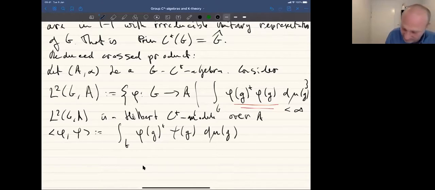And you can play your usual Cauchy-Schwarz games with slightly more subtlety to show that if this integral converges, then these cross-term type integrals also converge. So that follows, and this L2(G,A) becomes a Hilbert C-star module over A.